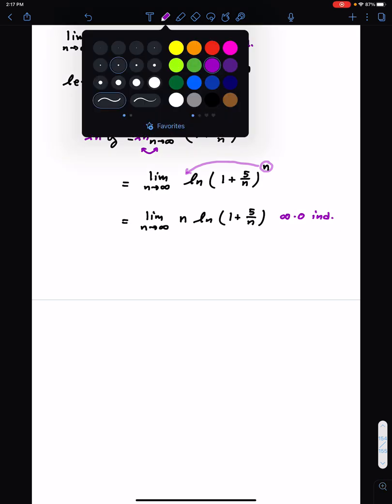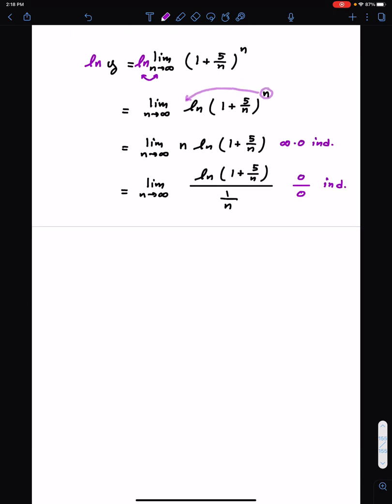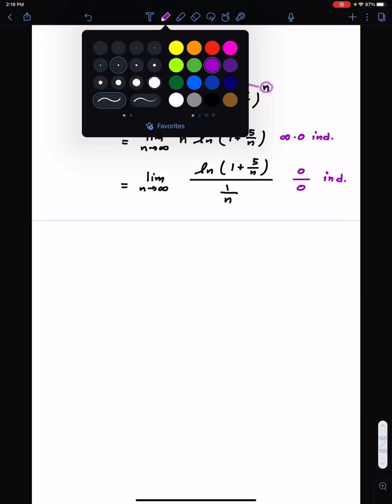So I'm going to rewrite this as a fraction. This is equal to the limit as n approaches infinity of the natural log of 1 plus 5 over n divided by 1 over n. So now if I take a limit, 0 over 0, which is an indeterminate form, but I'm able to use L'Hopital's rule.